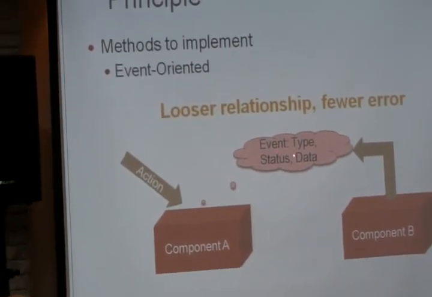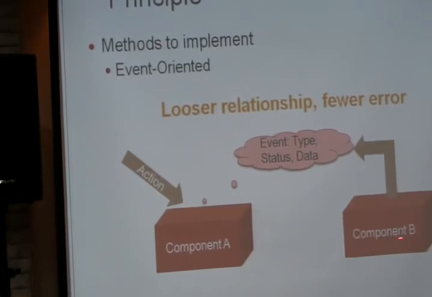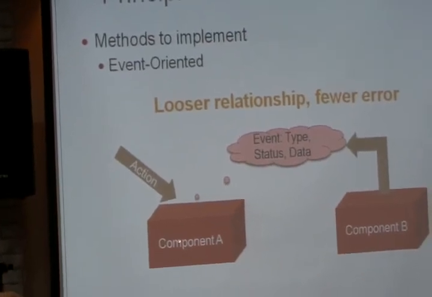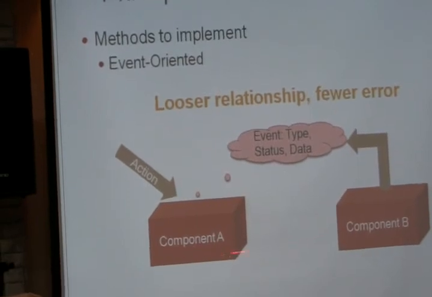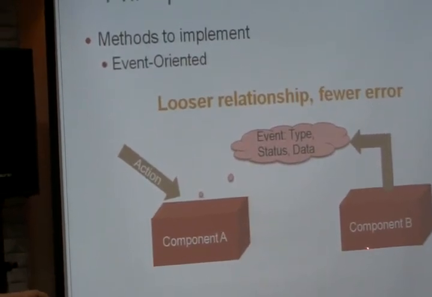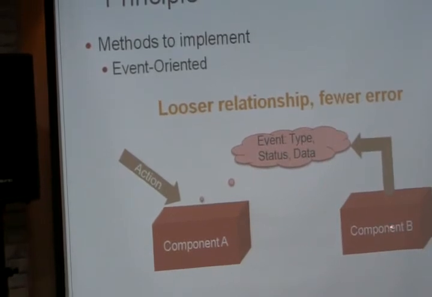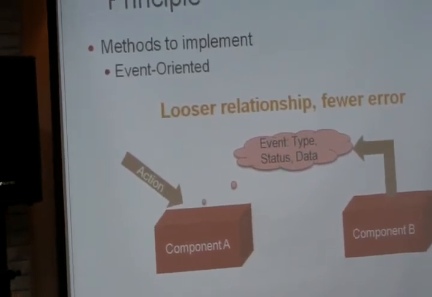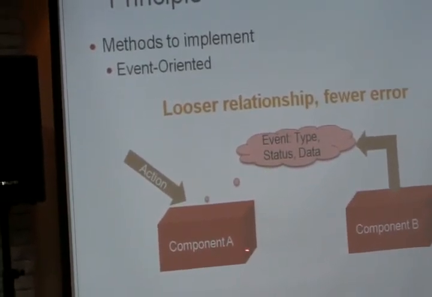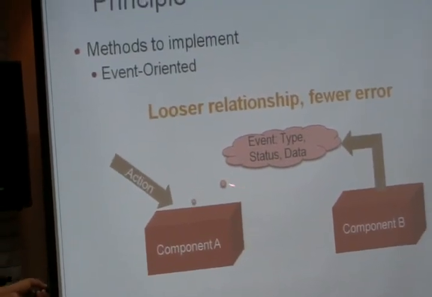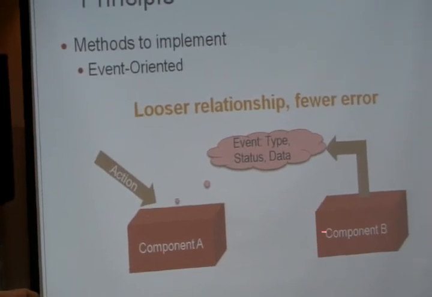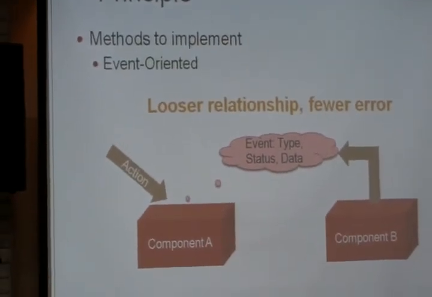And component B doesn't know component A and has no relationship with component A, right? Then when they process the data here, they don't affect component A, and this is the looser relationship, and no error between component A and B, right?